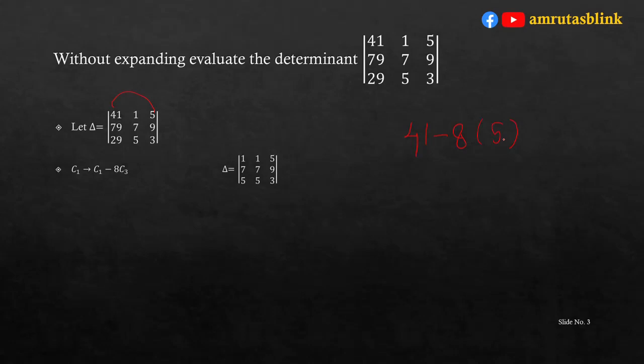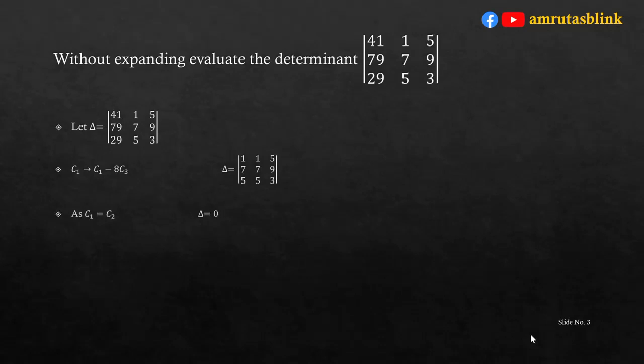So the first row first column element becomes 1. Then 79 minus 8 into 9, that is 79 minus 72, is equal to 7, and similarly 29 minus 8 into 3 is 29 minus 24, equal to 5. Hence delta is equal to the determinant with rows 1, 1, 5; 7, 7, 9; and 5, 5, 3.